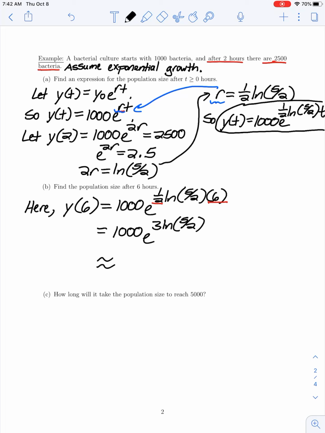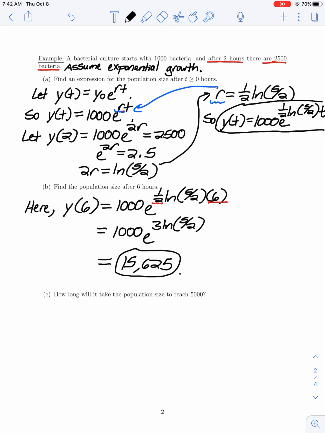That would give us a value of 15,625. And this is actually an exact value, not even an approximation here. So after 6 hours, we have a population of 15,625 bacteria.